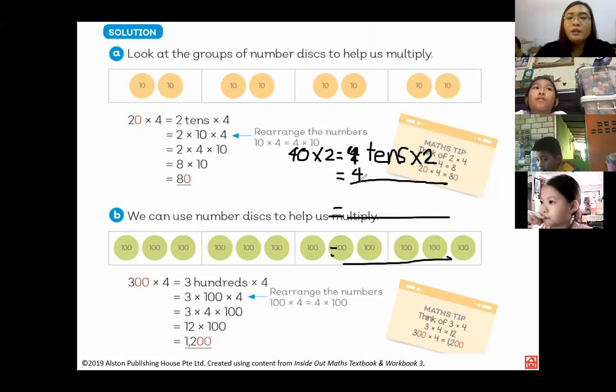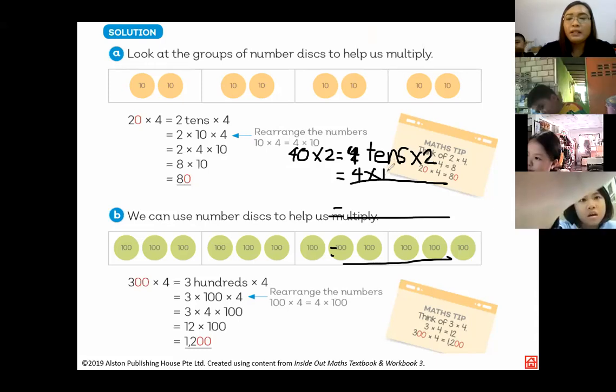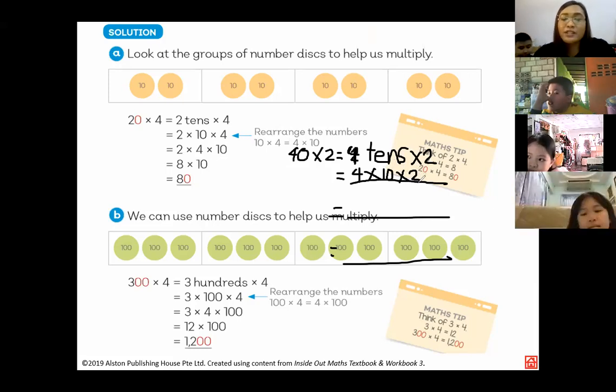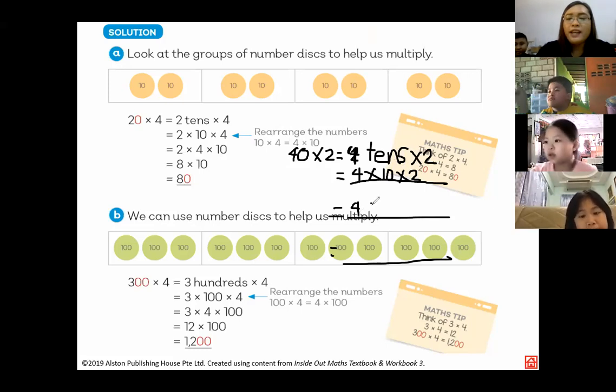4. Okay. Times what number? 10. Okay, and then next? 2. Okay. Now let's rearrange the numbers. What's the number over here? 4. Next, 2, and then 10.